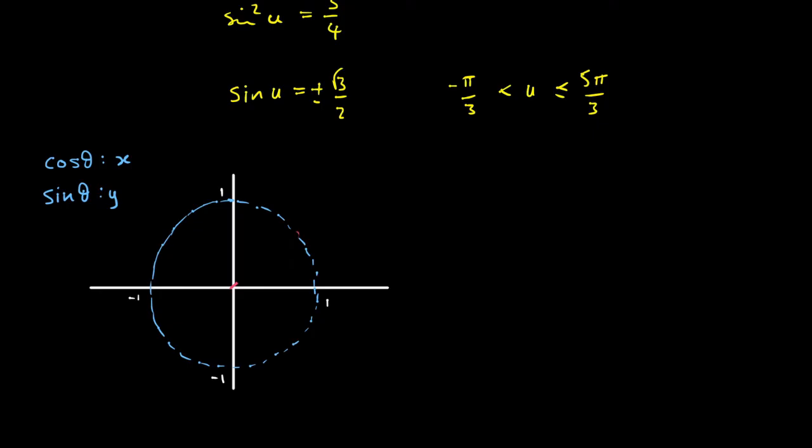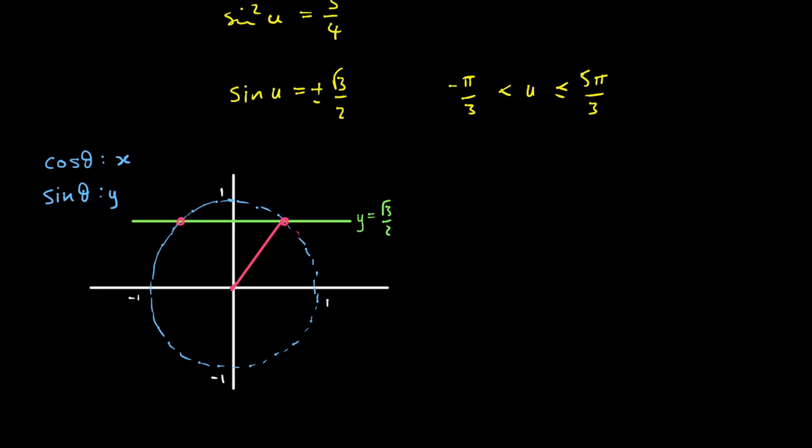That means we're really asking where the y-coordinate is equal to root 3 upon 2, because sine is the same as the y-coordinate. So I'm going to draw a nice straight line there, and that line is y equals root 3 upon 2. And our solutions are going to be the intersection points of our circle and that line.